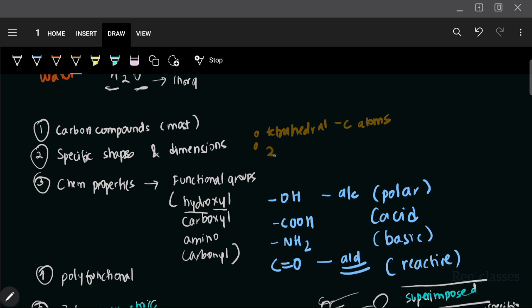And between two carbon atoms you see an angle of 109.5 degrees, and also there is a complete freedom of rotation around these C-C bonds.